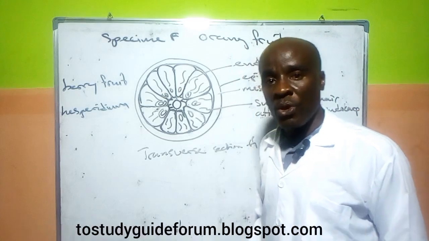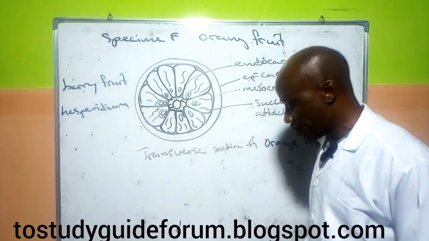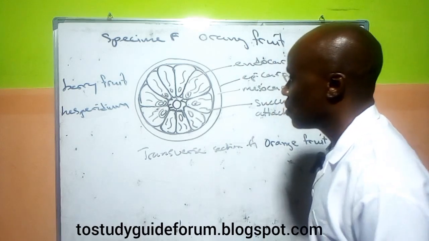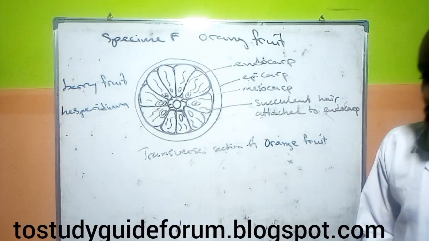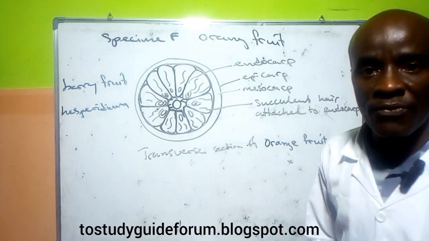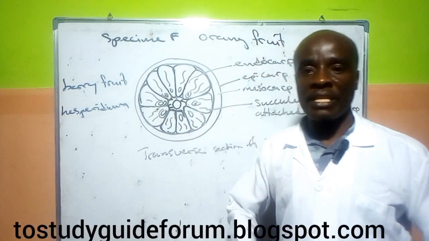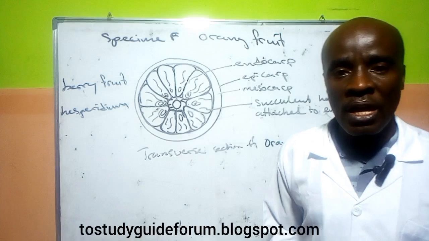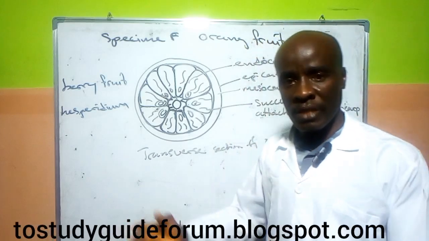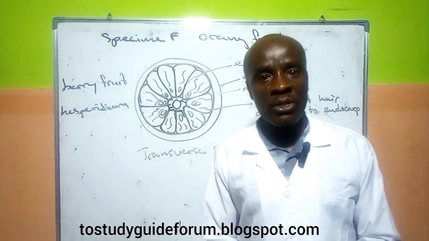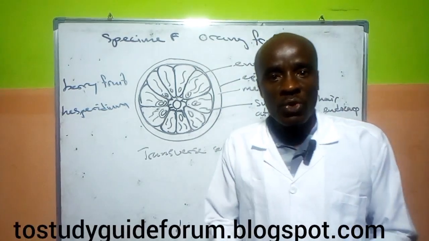So the next one we'll be looking at now is specimen G, which is raw egg. And in this raw egg it is obvious that we are likely to be testing for protein, because if you look at the other requirements, you notice that sodium hydroxide is there. We have sodium hydroxide, we have copper sulfate there. Now, for testing for protein, you need these two things.